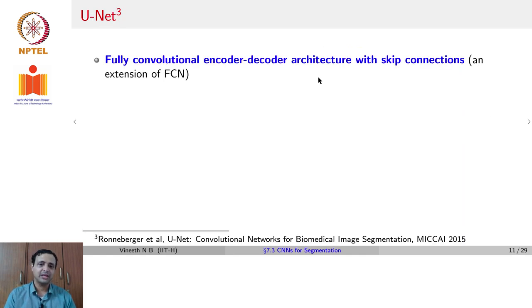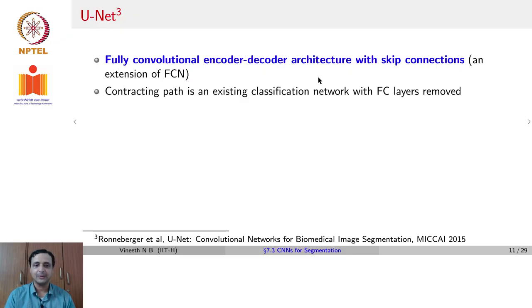A third kind of architecture, which also came in the 2015-16 timeframe, is known as UNet. UNet is also a fully convolutional encoder-decoder architecture, but it introduces the concept of skip connections in a different way from SegNet.